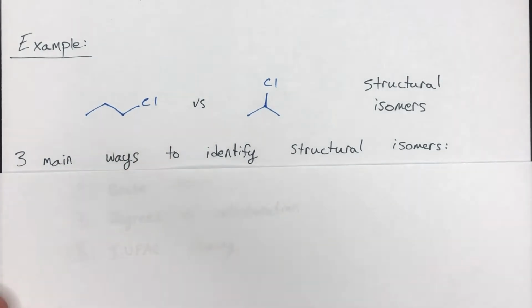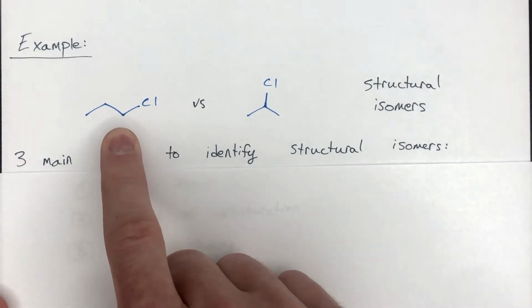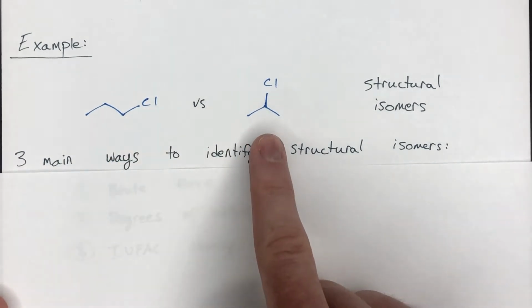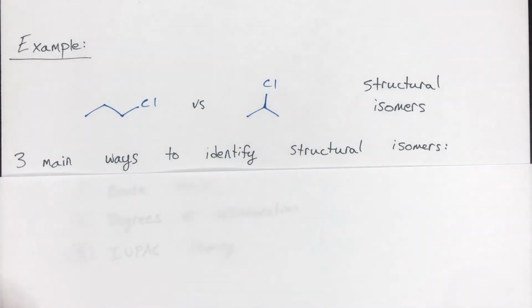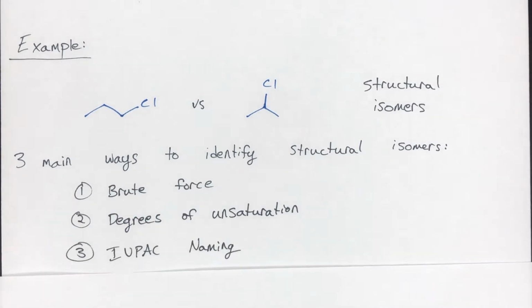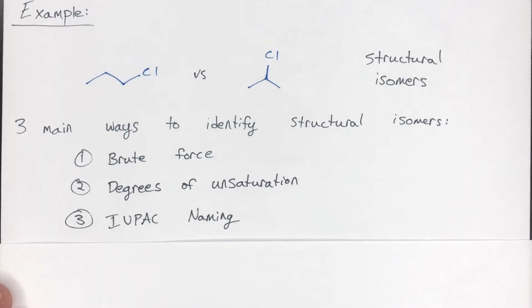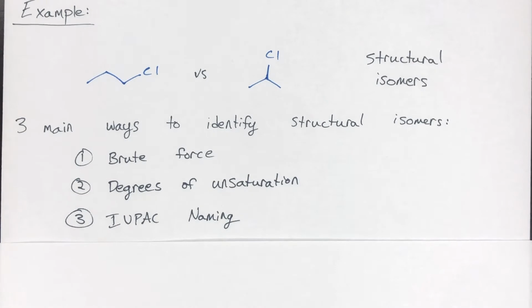But remember, if you're going to do IUPAC naming, the chlorine is at 1, and the chlorine is at 2 here. So that's what I mean by different connectivity. The bonds are literally placed in different spots, which is why we call them structural isomers, because the structure is different.